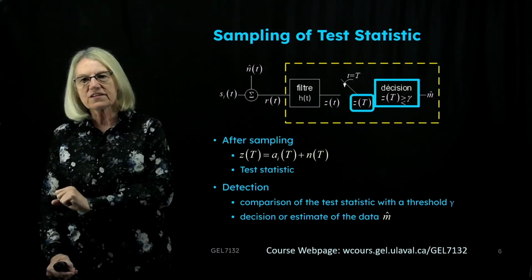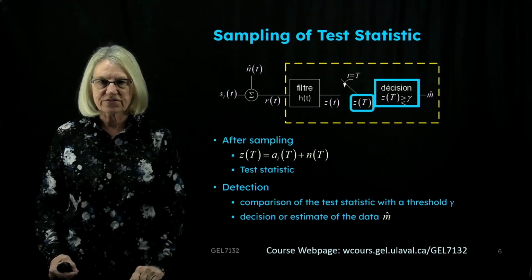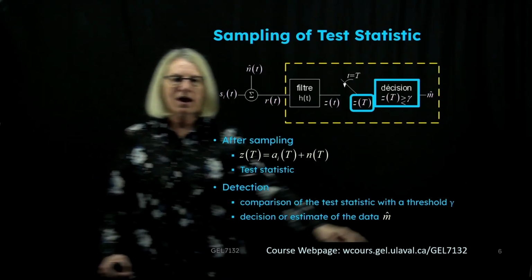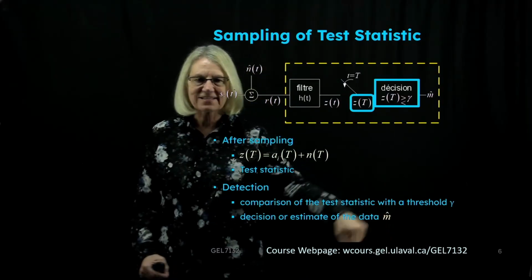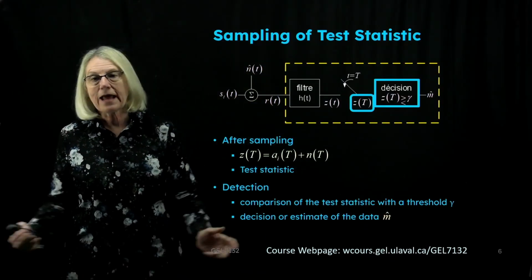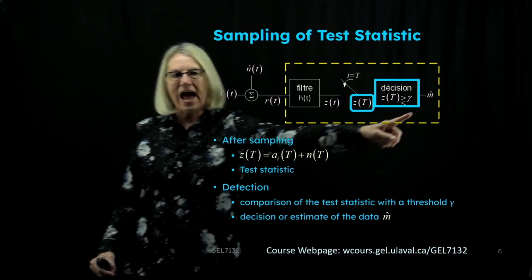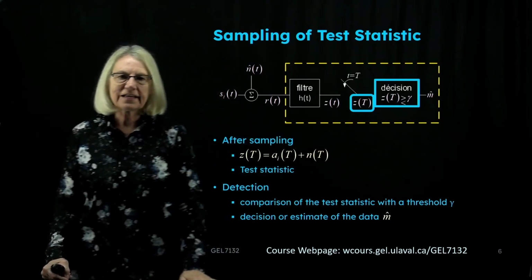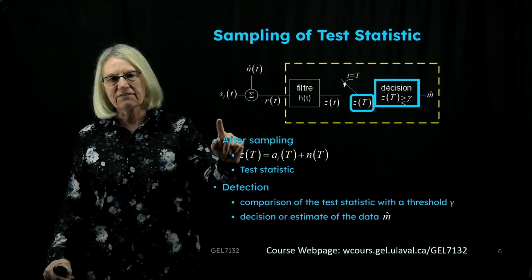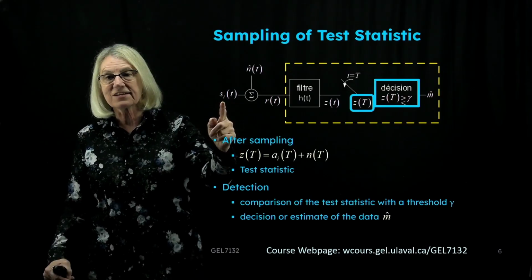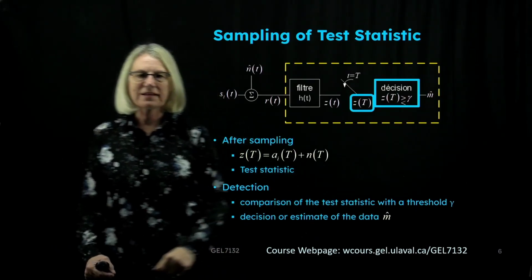If it's smaller than this threshold, we're going to choose a logical 0. That's going to be our decision. And our notation here is that we use the hat symbol for estimation, M hat, M being the message that was transmitted, and so that is the output of our linear sampling receiver. So you can think of it as figuring out, was that index a 0 or a 1? That's what our estimate is here.